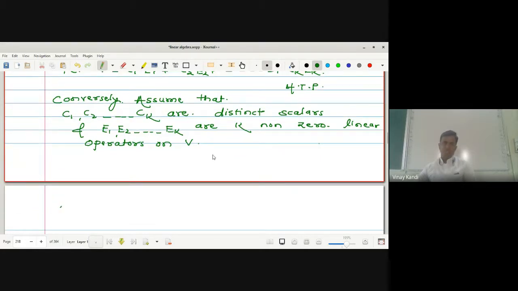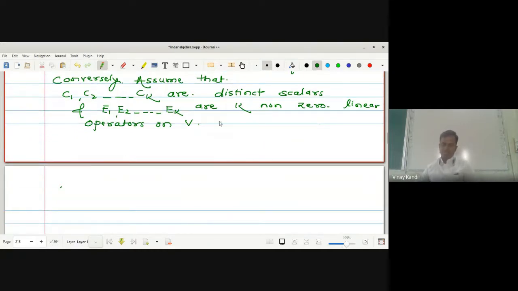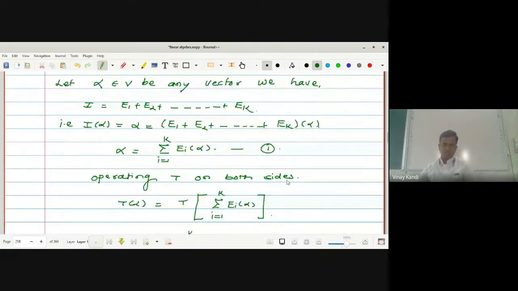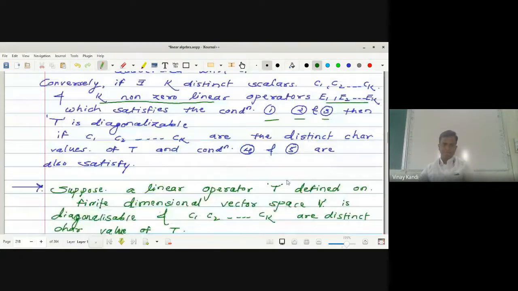Conversely, assume that C1, C2, Ck are distinct scalars and E1, E2 up to so on Ek are k non-zero linear operators on V such that the conditions we take in the converse part hold: first, second, and third.